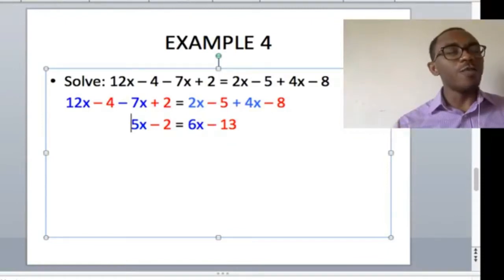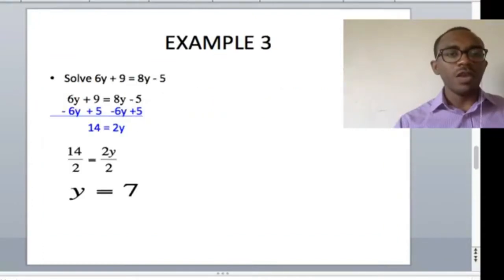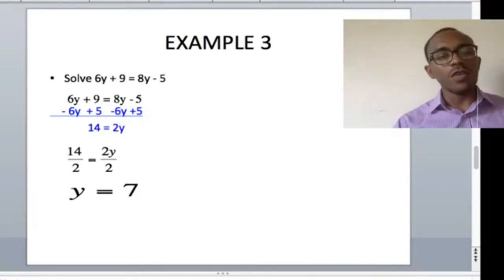If you remember how we solved example 3, I'm going to let you finish copying that. In a fraction of a second, I'm going to go back to example 3 that we solved. Alright, let's refresh our mind on example 3. What did we do? We removed all the y's on one side and put all the numbers on the other side.